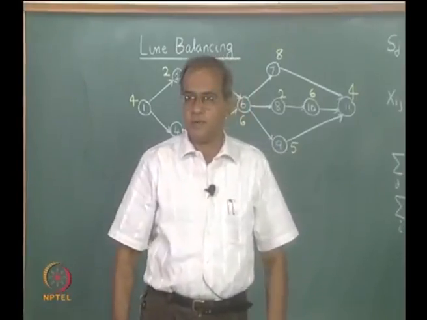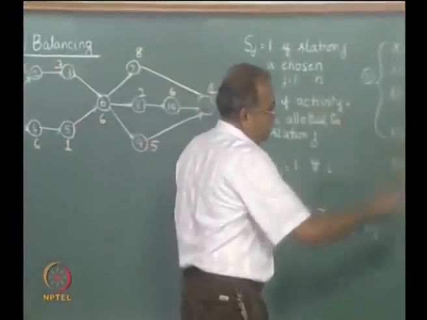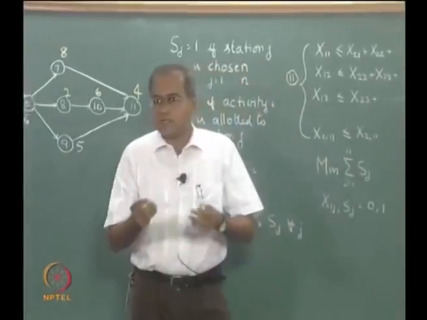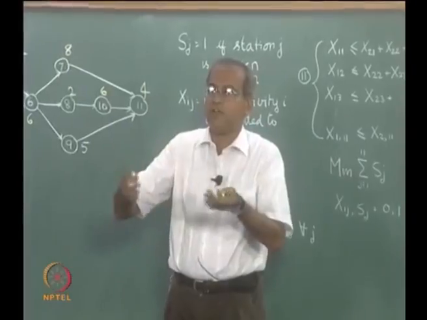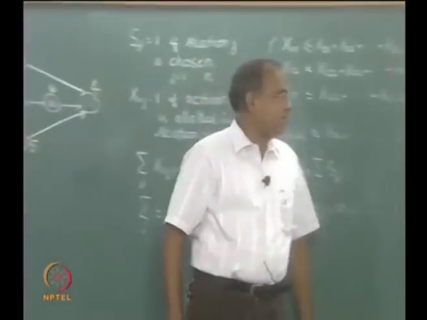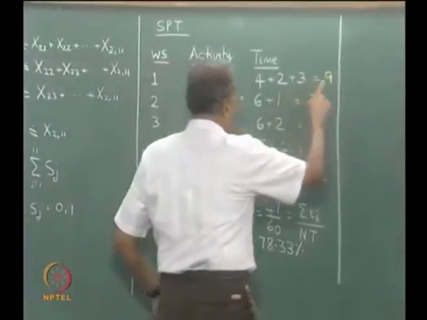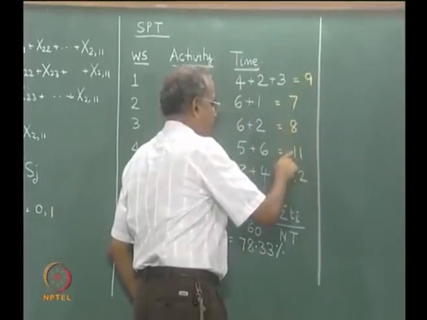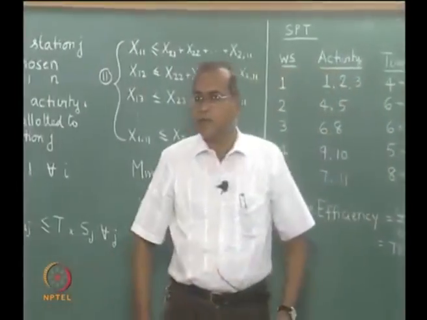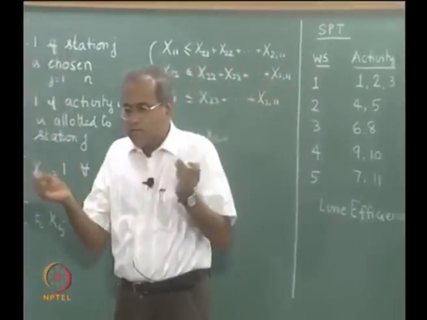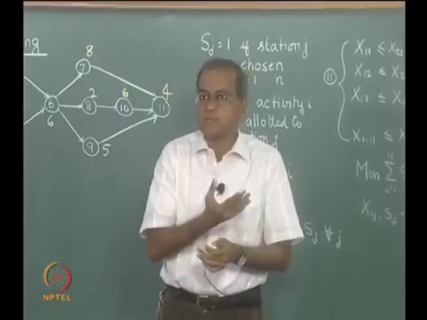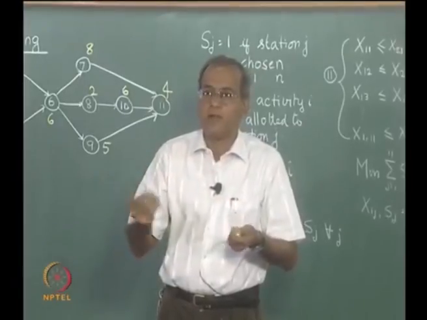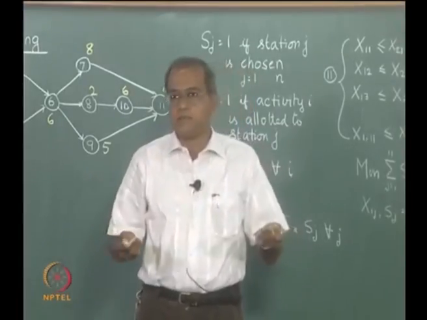Numerator is a constant. Now there is a secondary measure which also tells us how balanced the line is within these 5 workstations. For example, this is going to take 9 units, 7 units, 8 units, 11 units, 12 units. Now even though the allowed cycle time is 12, if some stations take less time and some stations take 12, there is some kind of an imbalance.